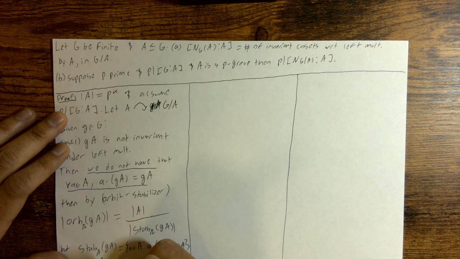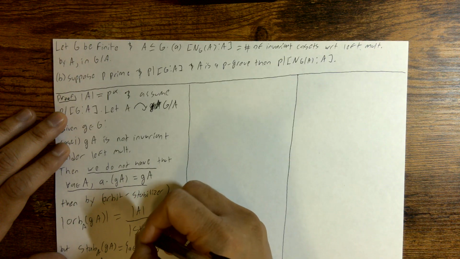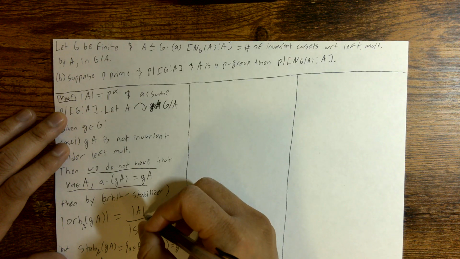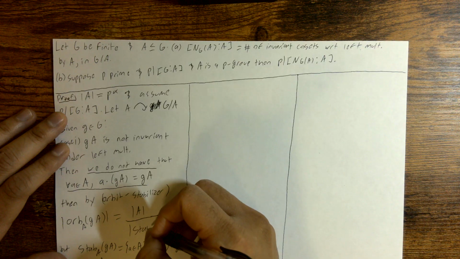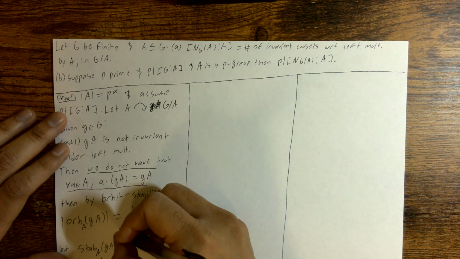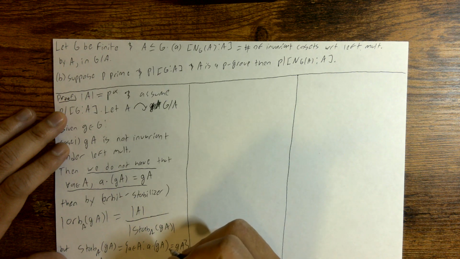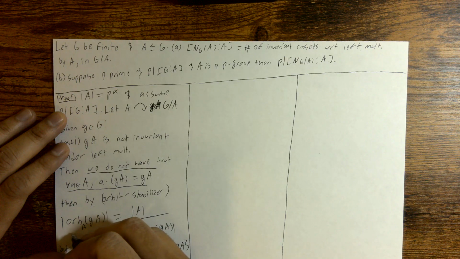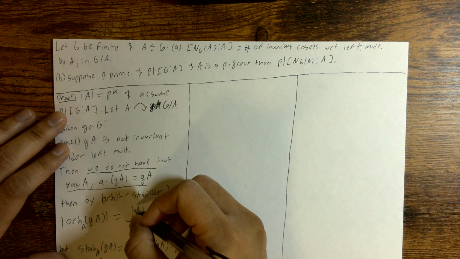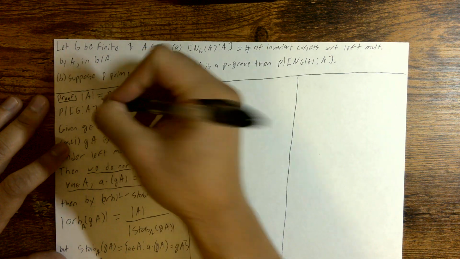So that means, by Lagrange, first of all, the stabilizer's order must divide the order of A, but furthermore, it must be now strictly less than the order of A. So this forces that the orbit has size divisible by p, or is some power of p.